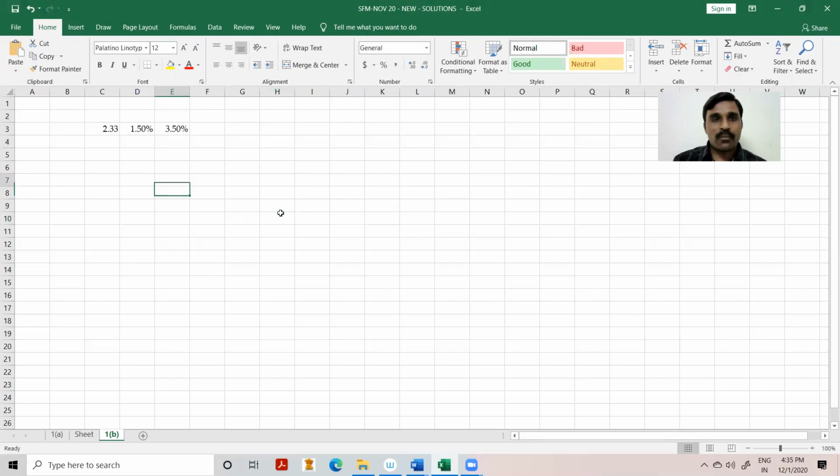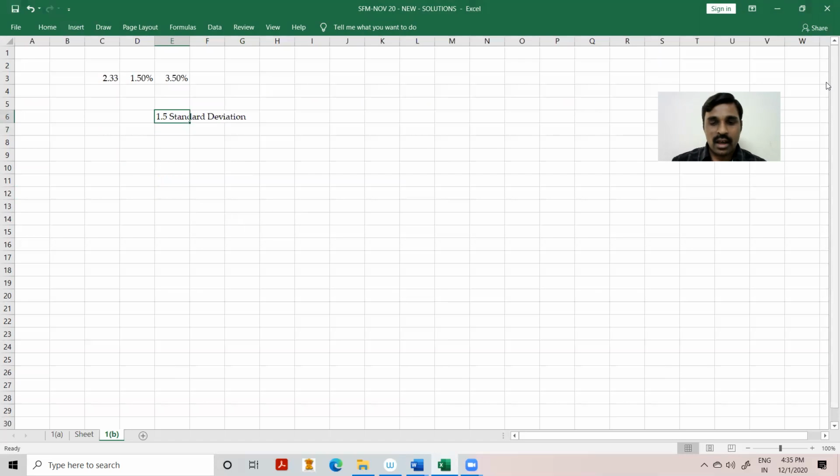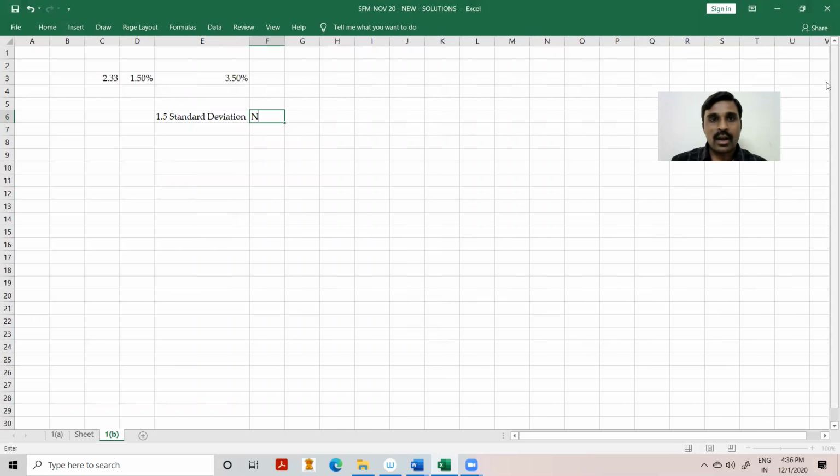Look at this 1.5% standard deviation. What does that figure stand for? Normally the loss is 1.5%. What does that 3.5% at Z score of 0.99 indicate?